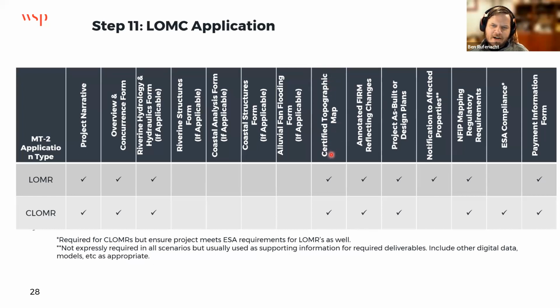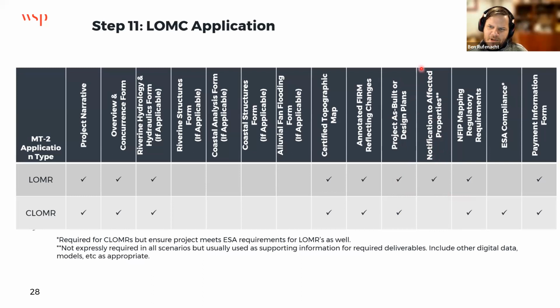Make sure we include our certified topographic map of our grading plan and our annotated FIRM with changes. In this case, we are not actually changing the profile or the base flood elevation, so we do not need to change the Flood Insurance Study report for this. Everything in that will remain the same. We need a set of as-built plans or design plans, depending on if we chose LOMR or CLOMR.